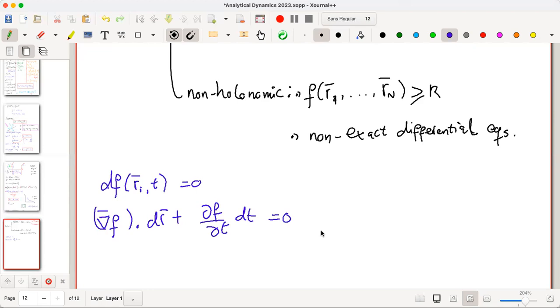The difference of holonomic from non-holonomic, if it is expressed as a differential equation, is that for holonomic, the differential equation is exact. In other words, you can always integrate this to get that.